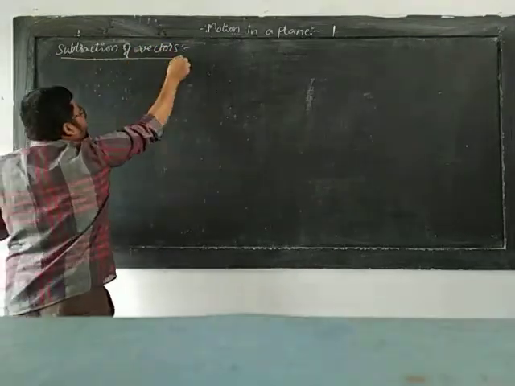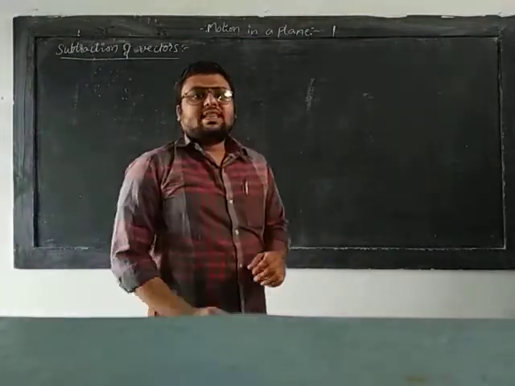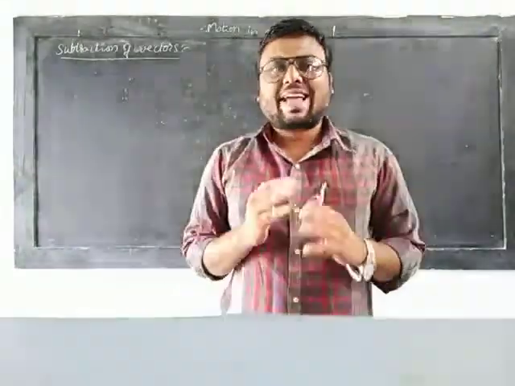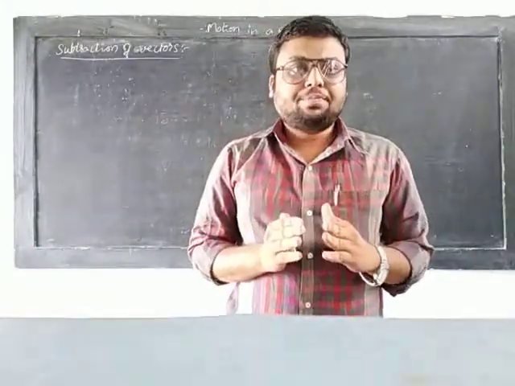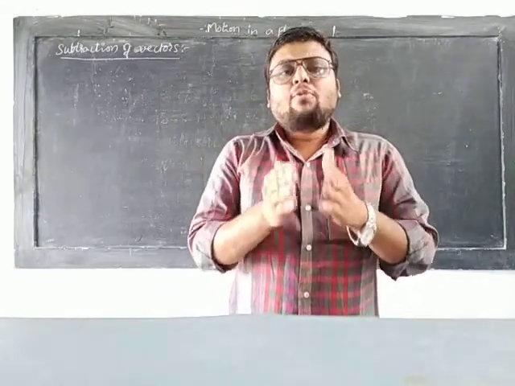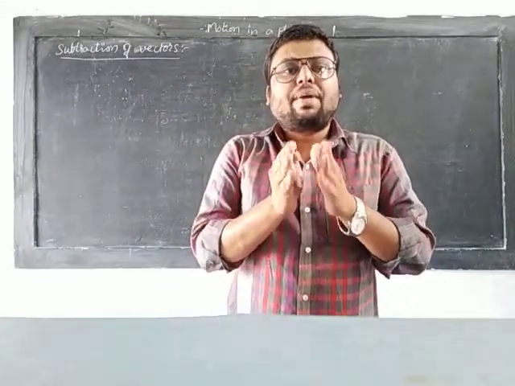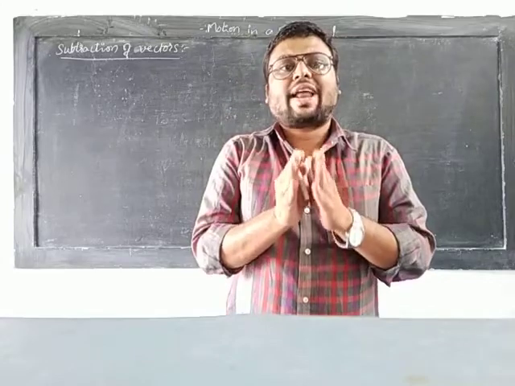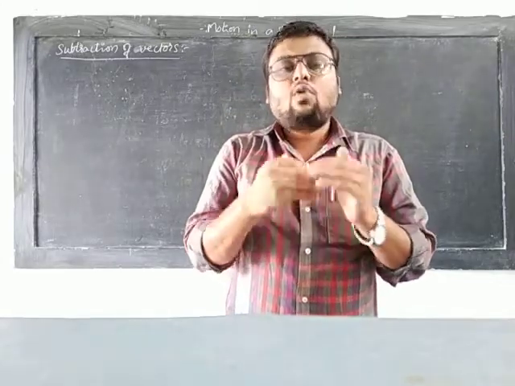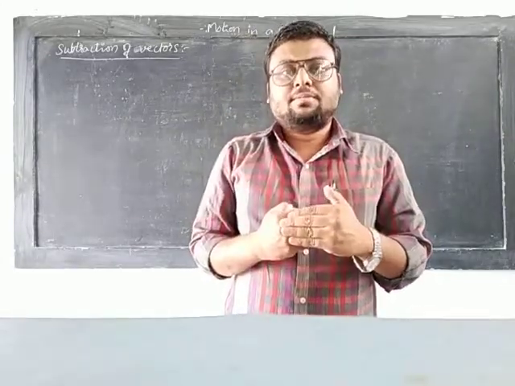Okay. Right. Let me consider two vectors, vector A and vector B. So here I am going to subtract vector B from A, that is vector A minus B. Then how can it be defined? Right?